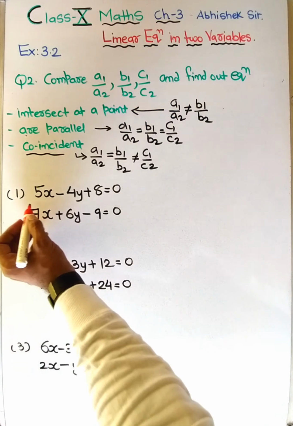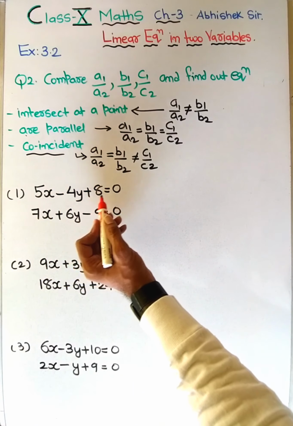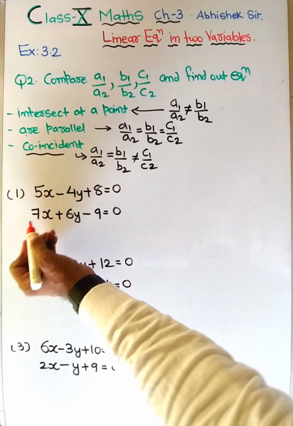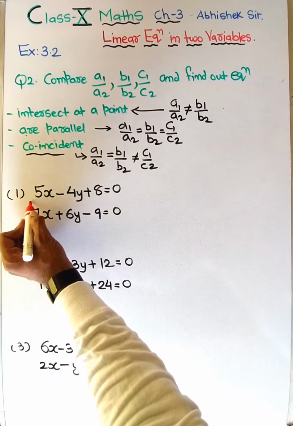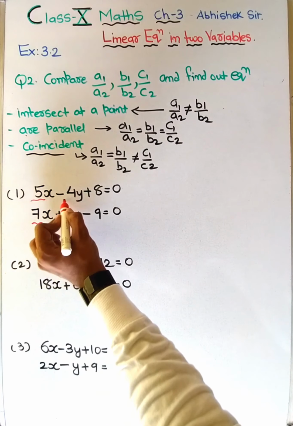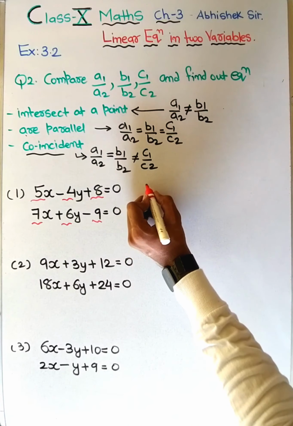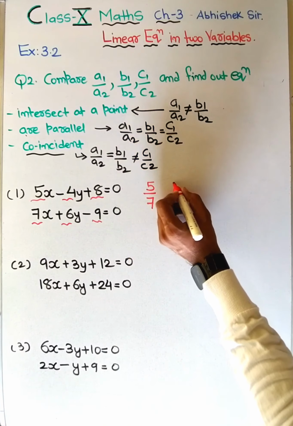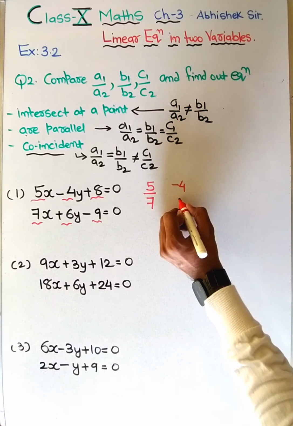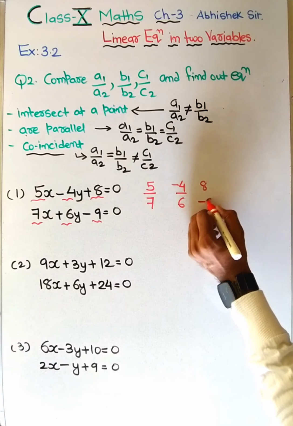So now the first equation is A1x plus B1y plus C1 equals 0, and the second is A2x plus B2y plus C2 equals 0. What we will do is see what the coefficients are and how the condition is satisfied. So A1 by A2, I am writing 5 by 7, B1 by B2 is minus 4 by 6, and C1 by C2 is 8 upon minus 9.